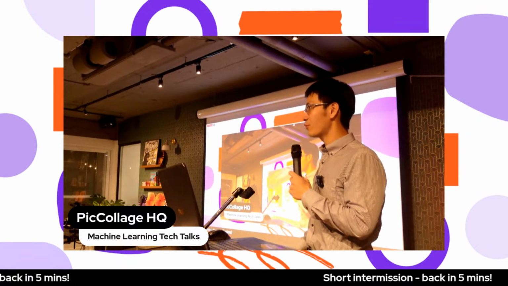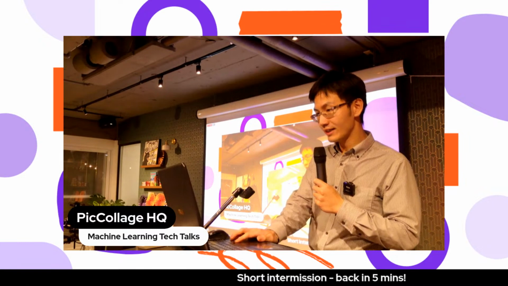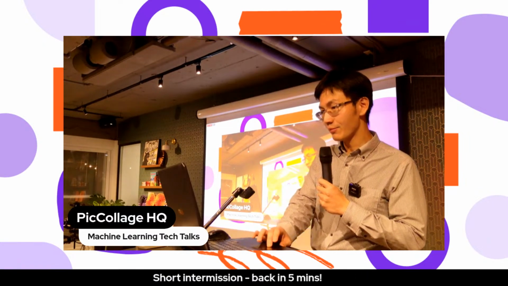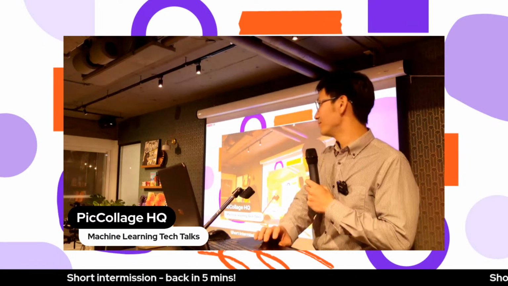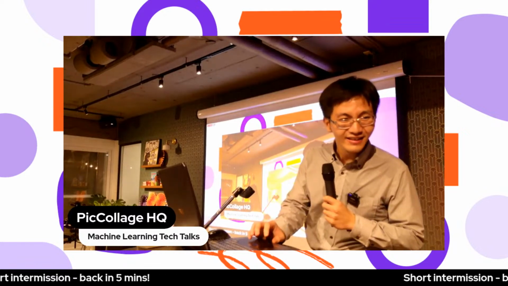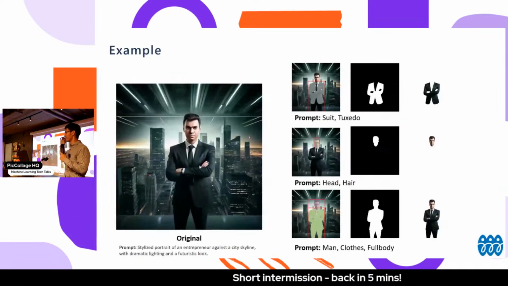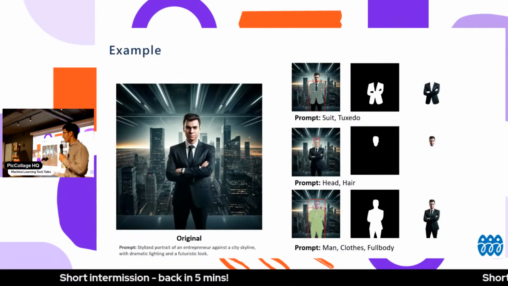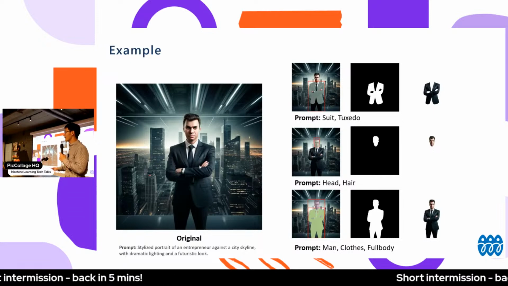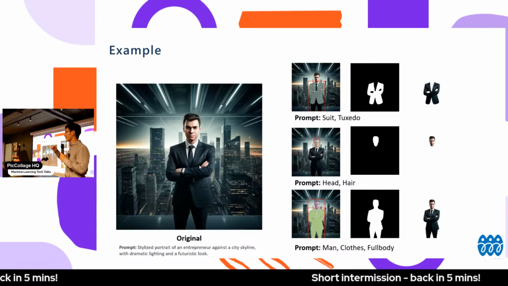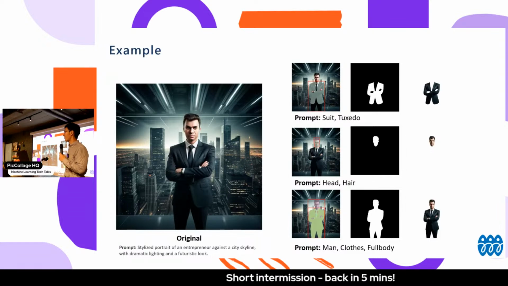Actually, I just put the original image, this image on the left, into Segment Anything, with the prompt, and it will generate the mask for me.